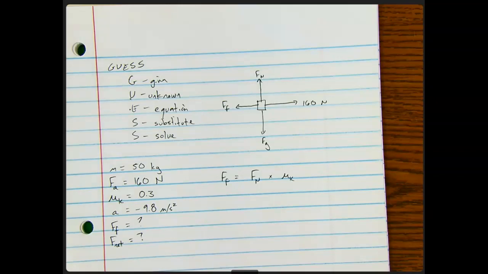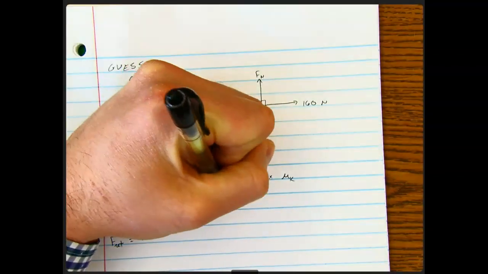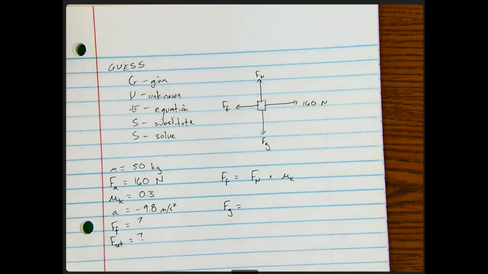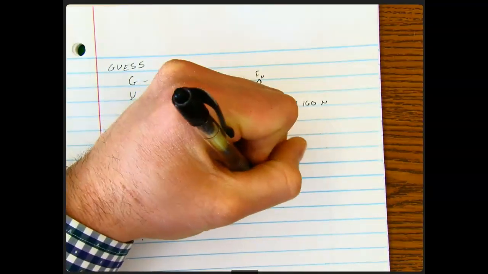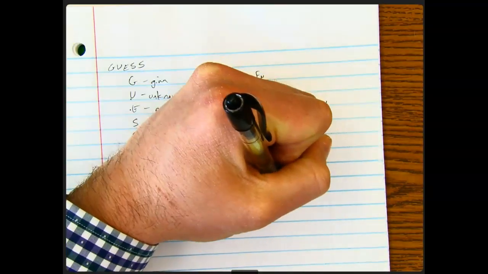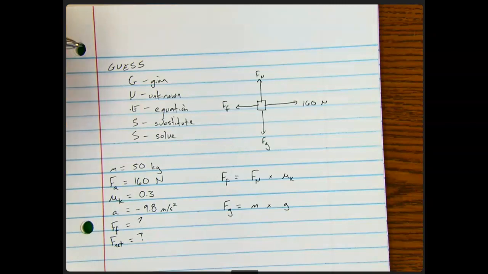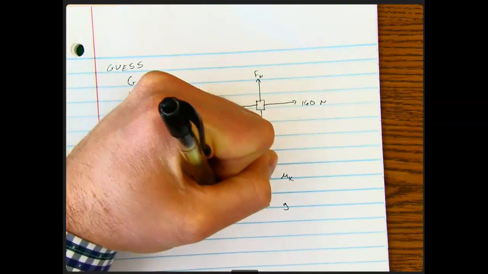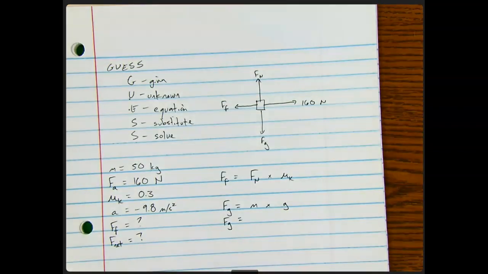One way to get around that is to calculate the normal force. The normal force is equal and opposite to the force of gravity. So the first thing I'm going to do is find the force of gravity. That's another equation I want to use. The force of gravity is my mass times the acceleration of gravity. In this case, I know those numbers, so I can plug them in.